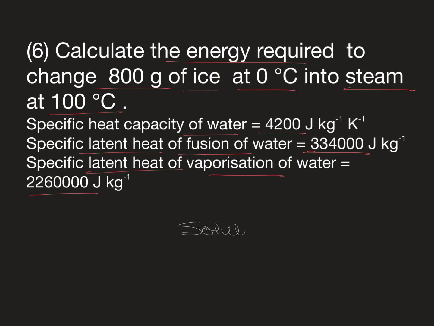Solution: we have ice at 0 degrees Celsius that is converted to steam at 100 degrees Celsius. We will move on to draw the heating curve in order to know the stages that are involved for this transformation.